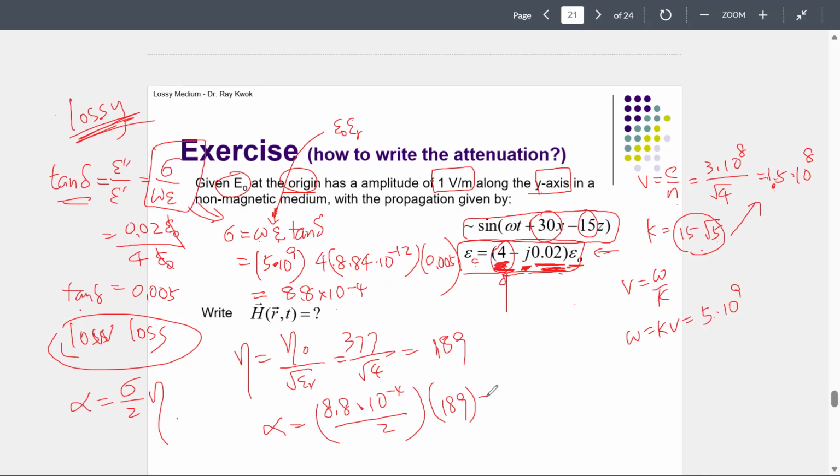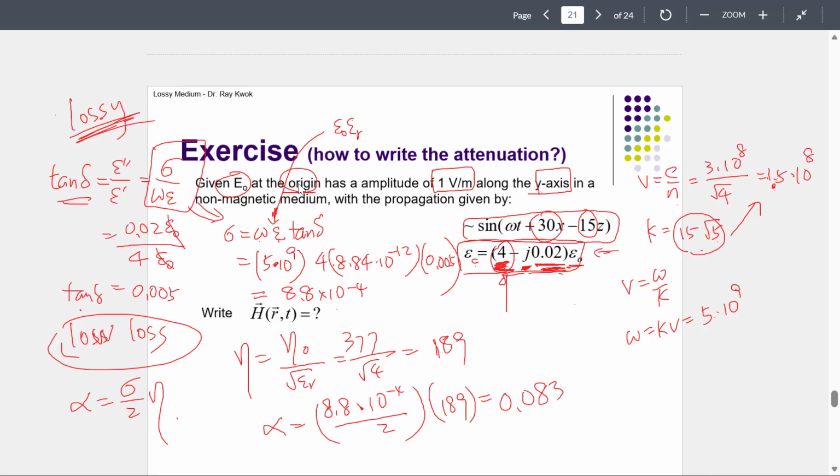What is alpha equal to? 0.083. Just say 0.08. Yeah, fine. And that's it. Now we are ready to write the wave.